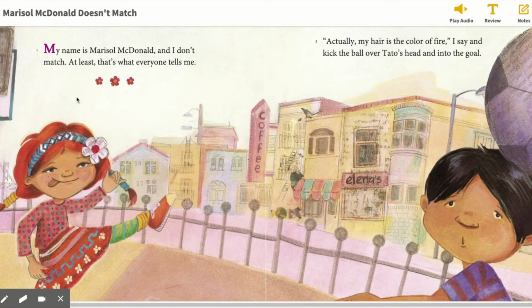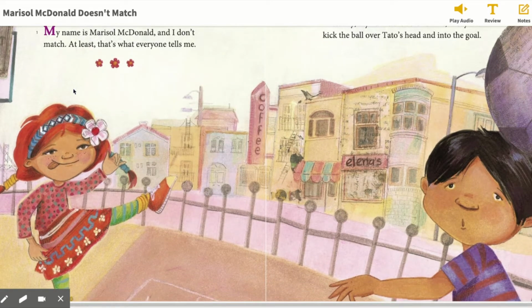And right here at the very beginning, she says, her first two sentences, "My name is Marisol McDonald, and I don't match. At least that's what everyone tells me." Okay, so I'm already thinking about things, and I'm going to jot down that she likes things that don't match.